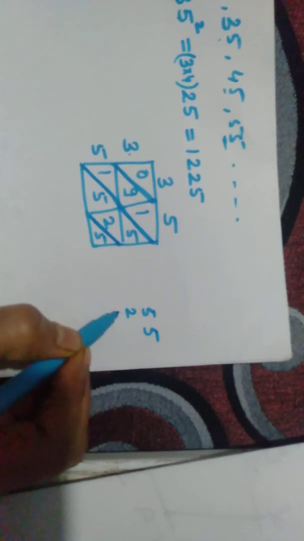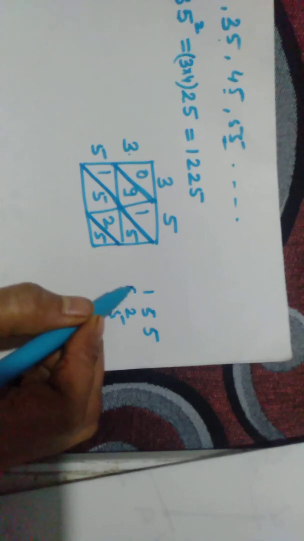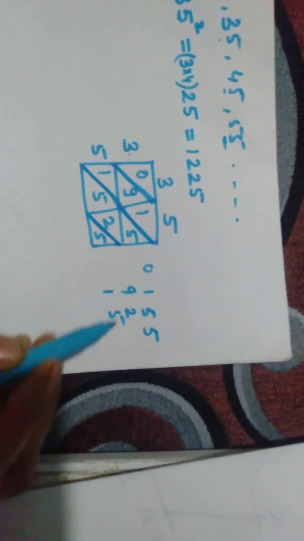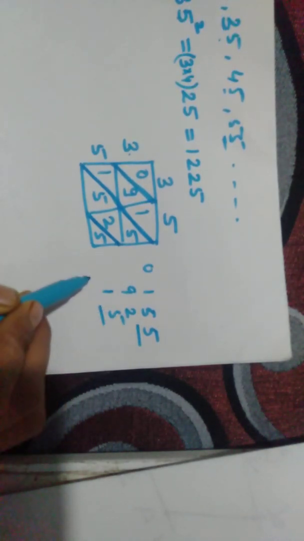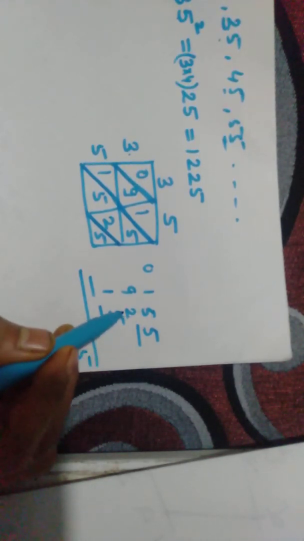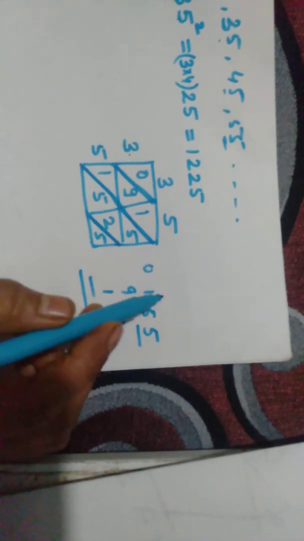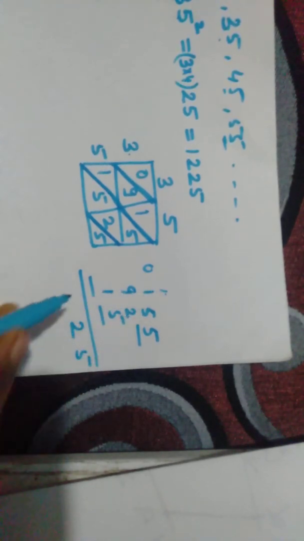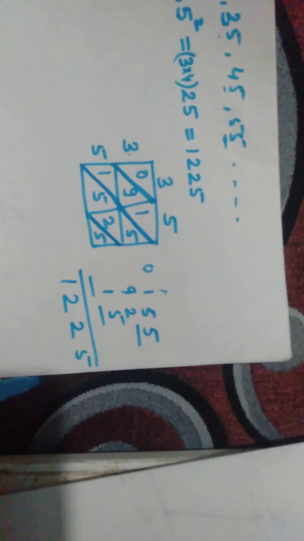Now writing this with the common numbers in the common diagonals: 5, and 5 2 5, 5 2 5, 1 9 1 and 0. Now you just add them. 5, 5 plus 5 is 10, plus 2 is 12, carry 1, 9, 10, 11, 12, so 1225. You have seen that the answer is the same.